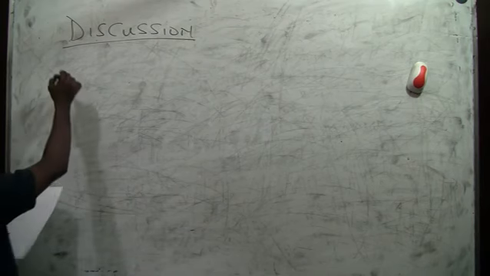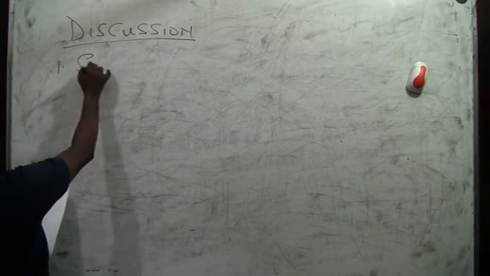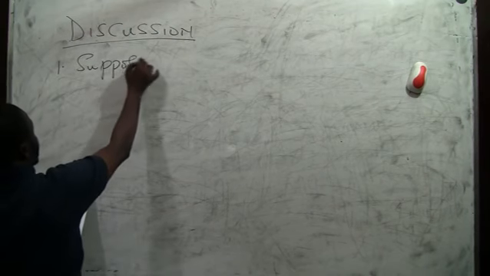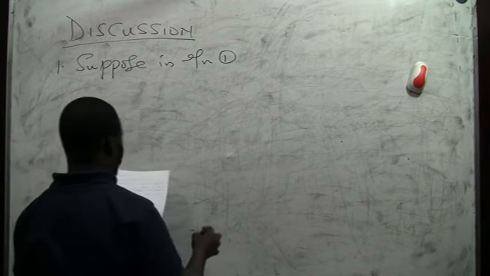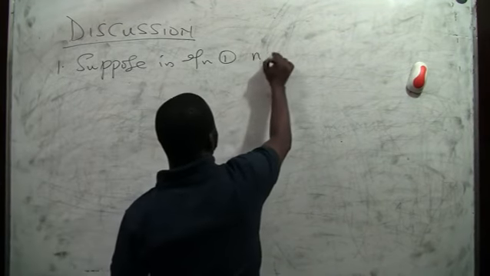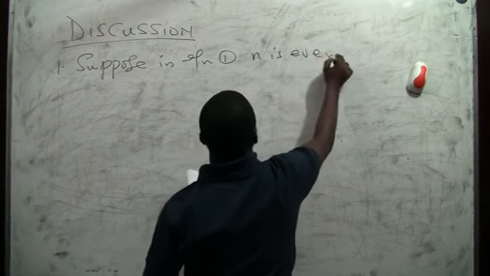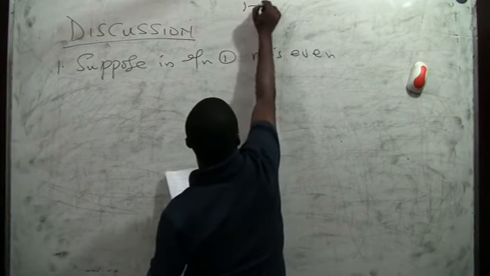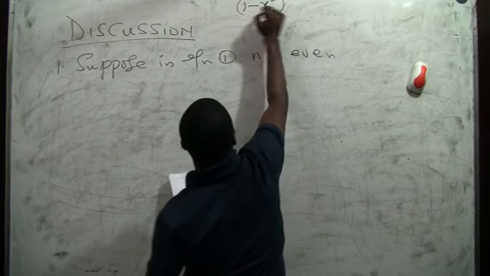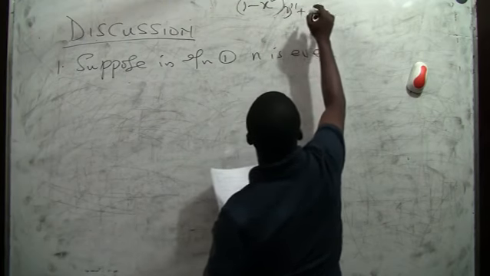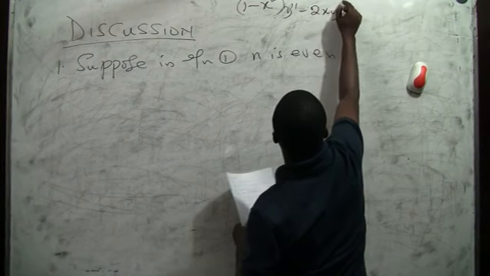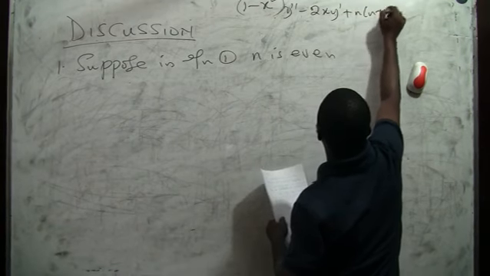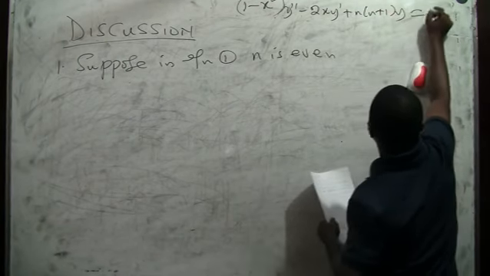Number 1. Suppose in equation 1, the Legendre equation, n is even. Let me write that equation: 1 minus x squared y prime prime minus 2xy prime plus n into n plus 1 y equals 0.